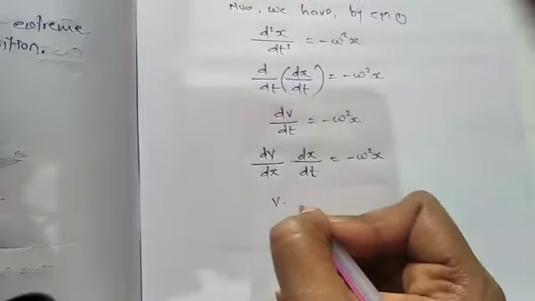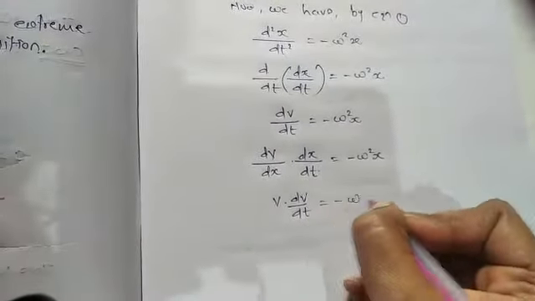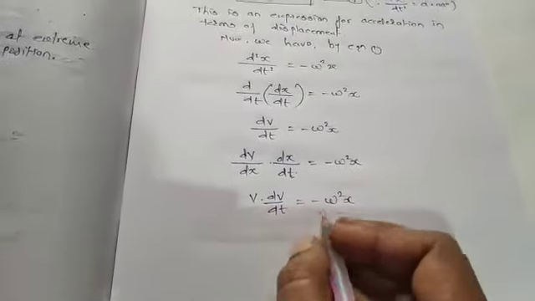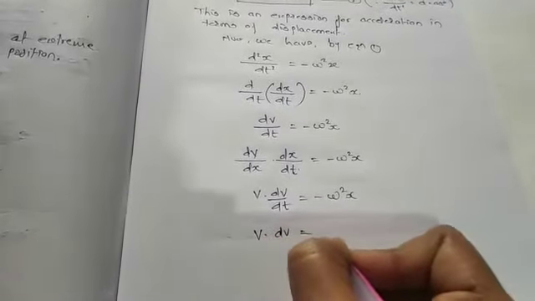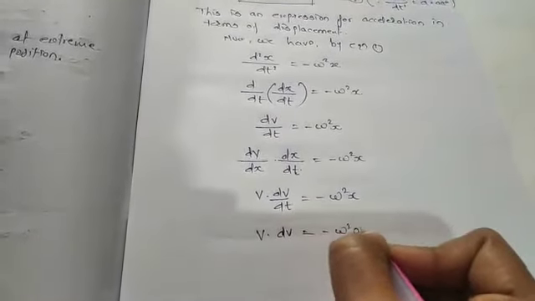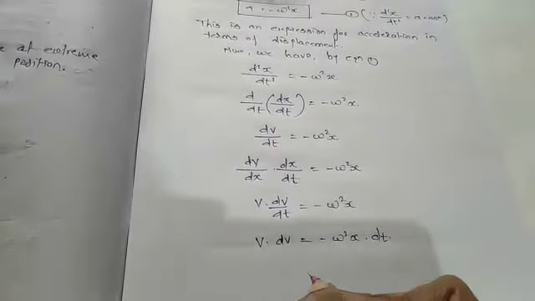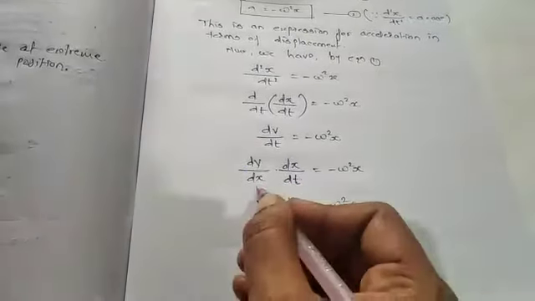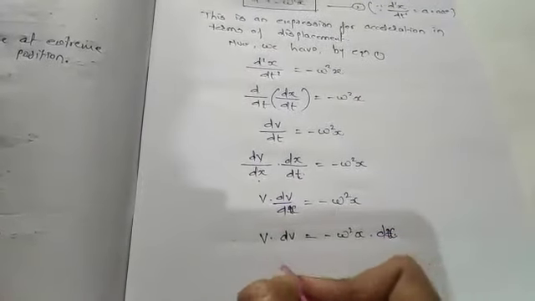So we can write it as v into dv by dx is equal to minus omega square x. So v into dv is equal to minus omega square x into dx.